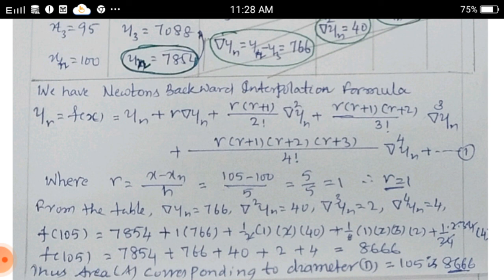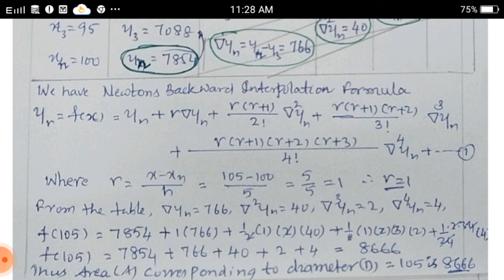Therefore 105 minus xn, the last value of the column x, which is 100, divided by the difference h, which is 100 minus 95, 95 minus 90, 90 minus 85, so h is equal to 5. Therefore (105 minus 100) divided by 5 is 5 by 5 is equal to 1. Therefore r is equal to 1.